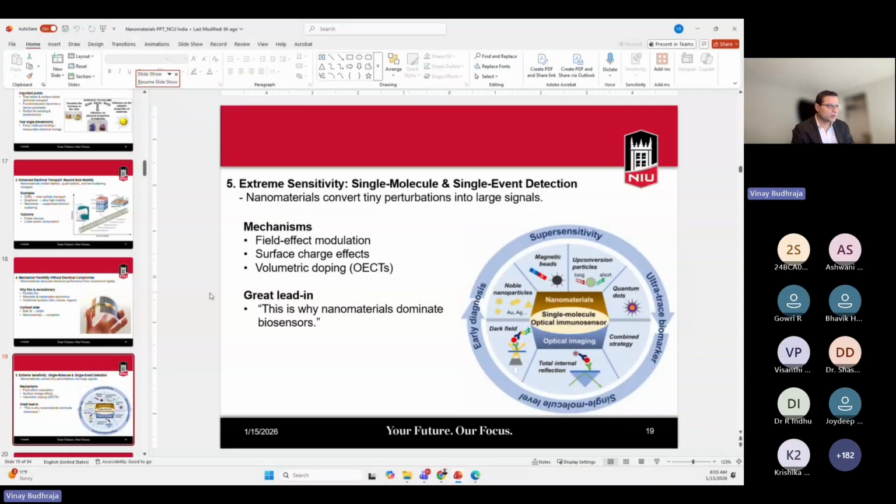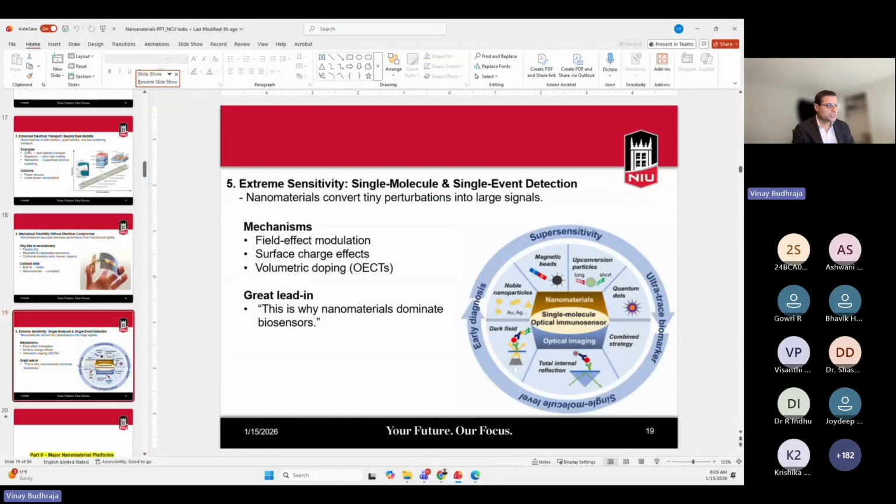Volumetric doping in OECT is another example. We'll cover that because my current research is based on the OECT, so in some slides I will cover the OECT part. This has the great lead in the development of semiconductor devices. That's why nanomaterials dominate in biosensors, where silicon has its own limitations.